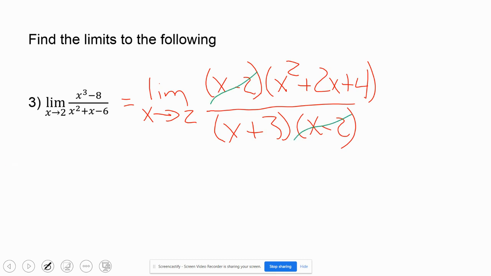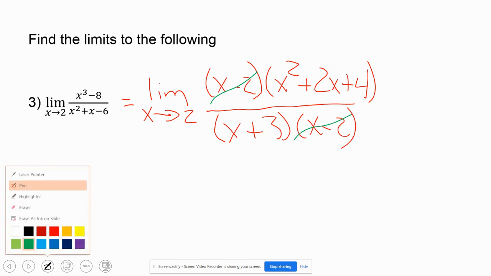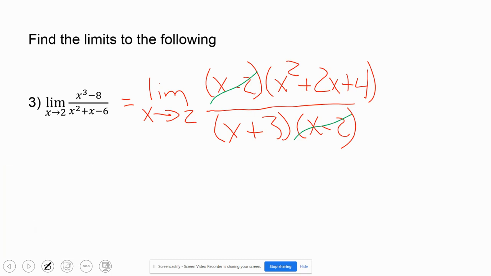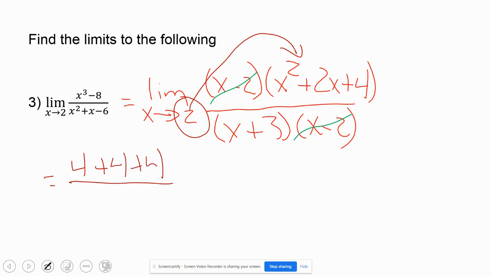The x minus 2's will cancel out. Now if you substitute 2 into the equation, you get 4 plus 4 plus 4 over, in the bottom, 5.